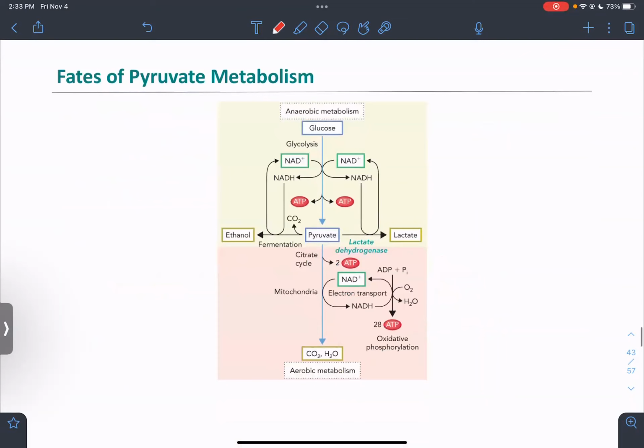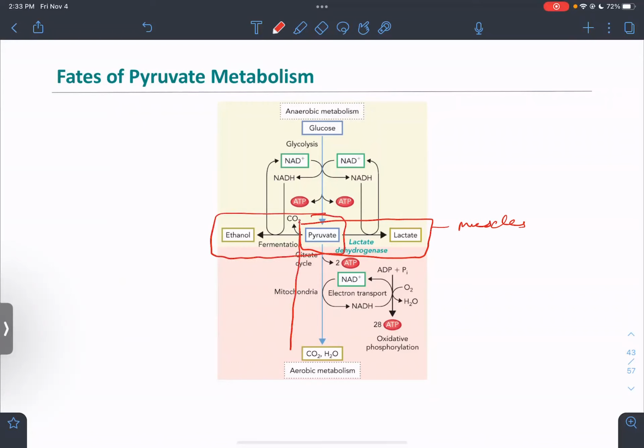So if we look at kind of a schematic diagram of how pyruvate can be metabolized, if you look this pathway here, this is our pathway in the muscles, right? And what you're going to notice, the second pathway that we talked about, going from pyruvate to ethanol, and then we talked about pyruvate going through the electron transport chain and making carbon dioxide and water as waste products.